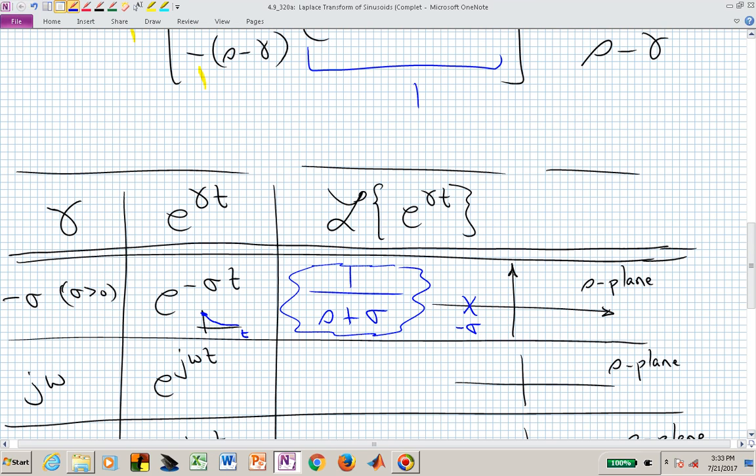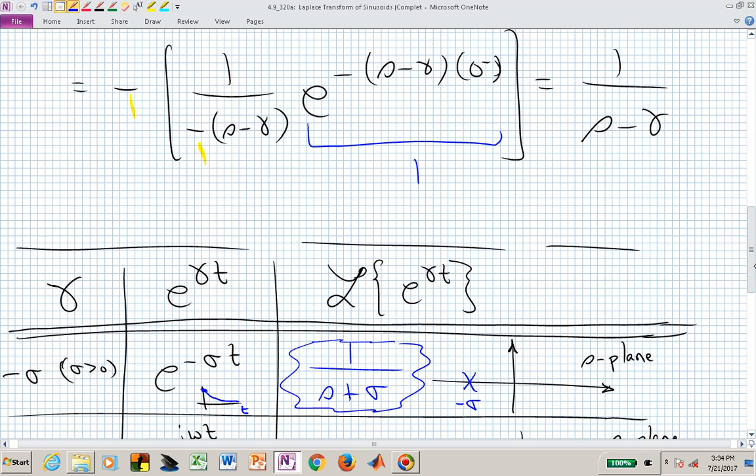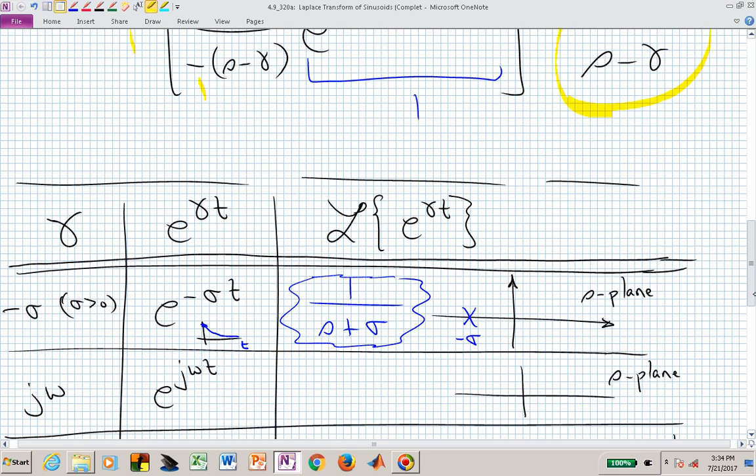What happens if we now look at the Laplace transform of a complex exponential? We now have replaced gamma with j omega. So in this particular result, we simply replace gamma with j omega, and that will now give us the Laplace transform of e to the j omega t, which becomes 1 over s minus j omega.